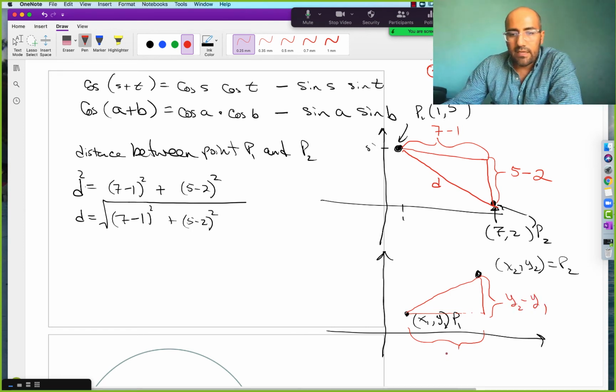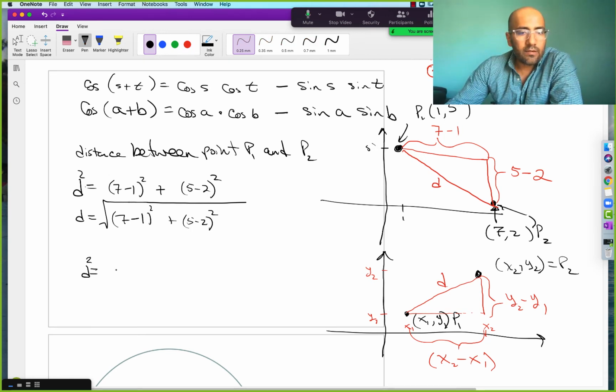And this is the change in x's, x sub 2 minus x sub 1, since this guy over here extends to x sub 2 right there, and over here this is x sub 1, so subtracting the 2 gives us that distance. And this traces over here to y sub 2 over there, and then y sub 1 over here. So if we subtract those two, we get that distance. Okay, so similar formula to this.